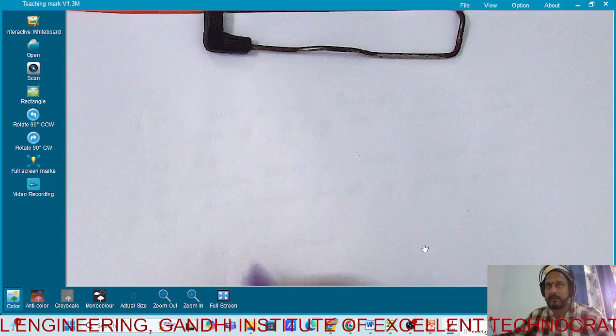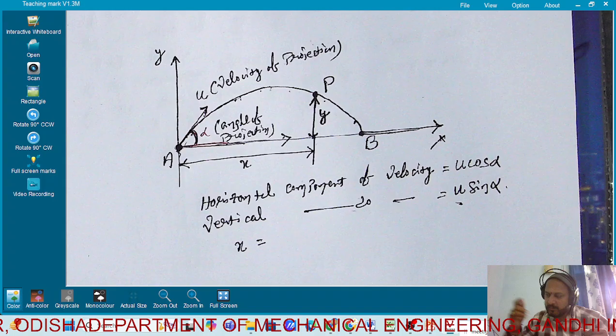Clear? Now my question is, let us calculate what x is and what y is, which you are seeing in the diagram. Now, you know the equation s is equal to ut plus half at square.